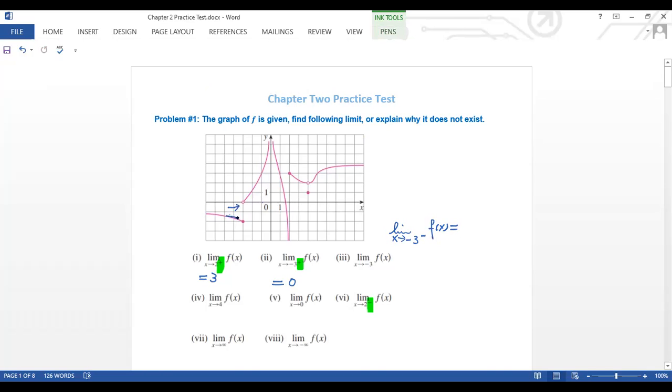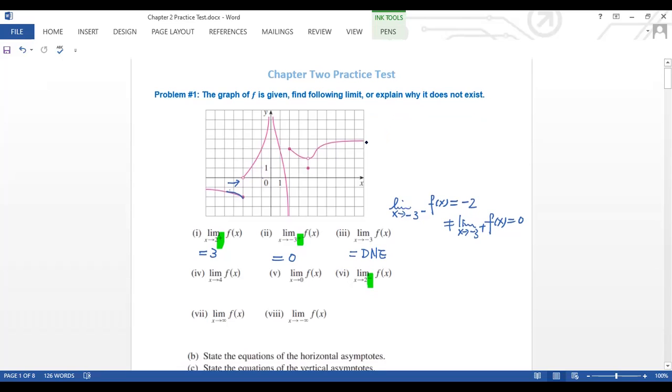So you follow the graph, then where are they going to? They're going to -2. Because -2 is not equal to the limit as x approaches -3 from the right-hand side, which is 0. So I know what happens here. This limit does not exist, right? We kind of keep emphasizing that idea. When the limit exists, the right-hand side limit needs to equal the left-hand side limit.